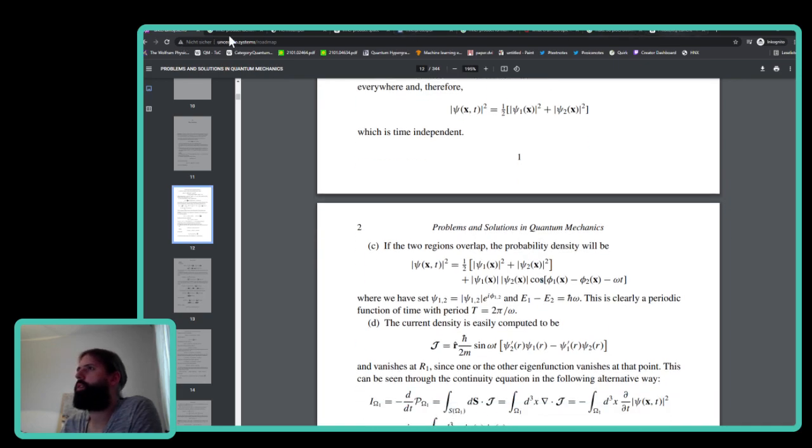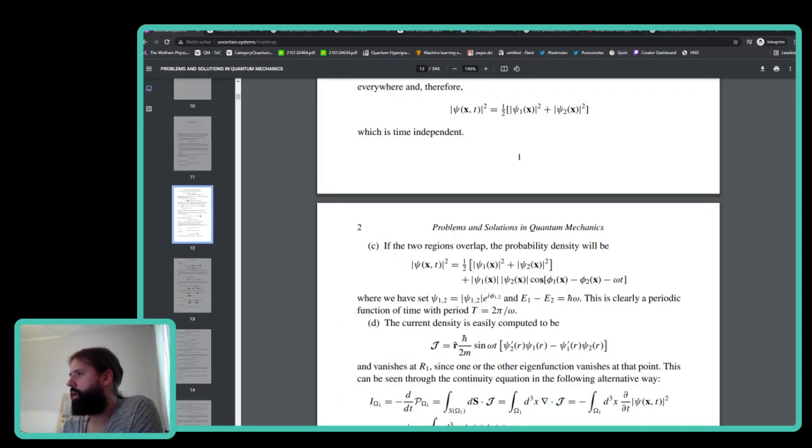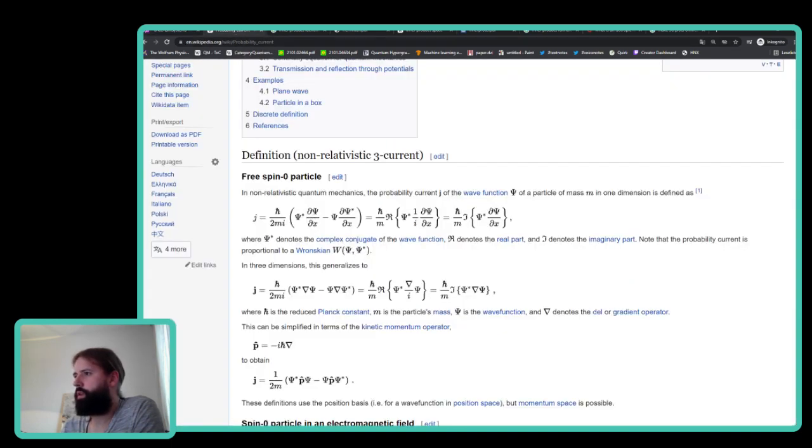But let's go back to this. So it says it's h bar divided by 2mi. I guess they dropped the i because, oh no, look at this. Okay, what? Yeah, there's a complex conjugate of a function in the real part.